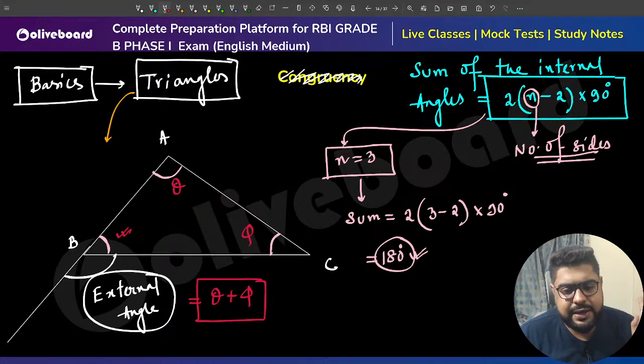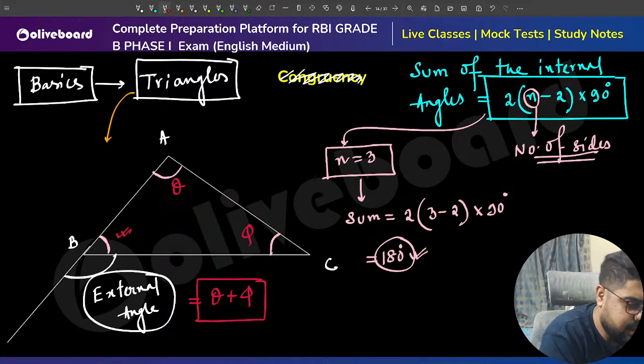Let me just check whether there is some issue here. I'm checking using my second screen because I don't want to do the same thing twice.